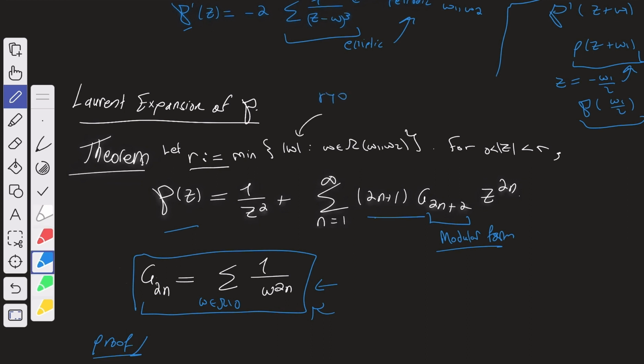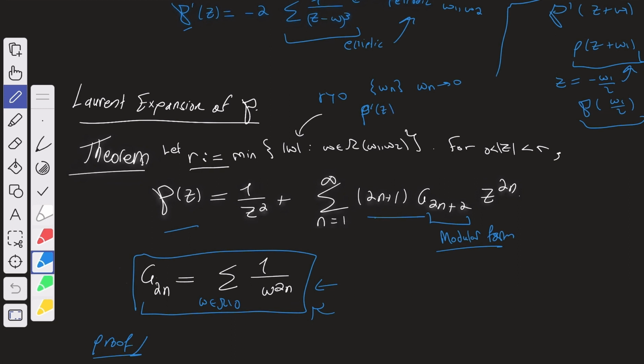Well, it is positive because otherwise the function would have arbitrarily small periods, and a function having arbitrarily small periods is actually a constant. To see this, suppose that the function had arbitrarily small omegas that are periods. Then we can take a sequence of these converging to 0, and look at the derivative of the function. In this case, it's the p function.